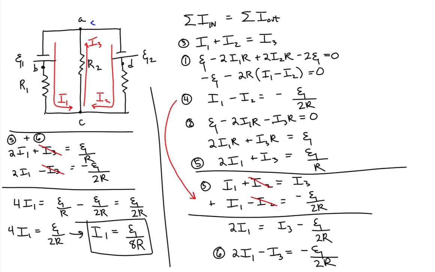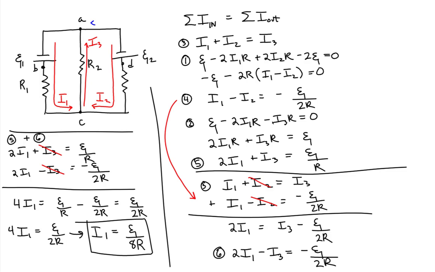So I noticed my units on this will check because the unit for current can be expressed in a volt per ohm. So the EMF of the battery is the volt, the resistance is in ohms. So my result works.